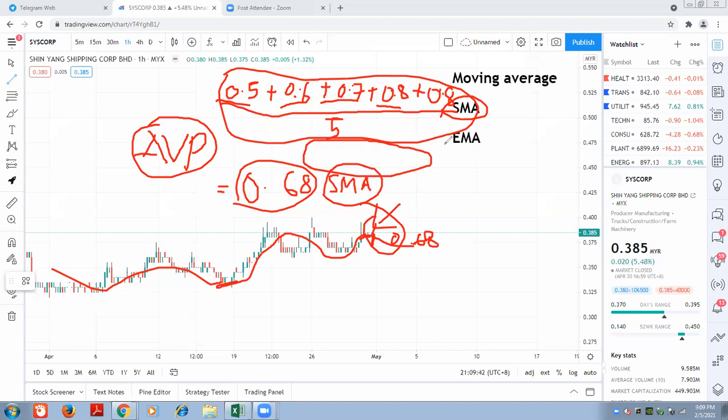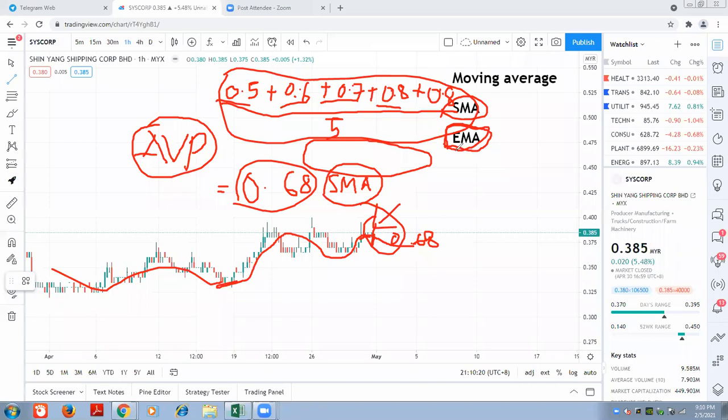Now what about the EMA? Why do people look at the EMA? We already have an SMA, so why do people go and do the EMA? After they found some weaknesses in the SMA for different purposes, they studied the price action and found differences between the smoothed and the exponential moving average.